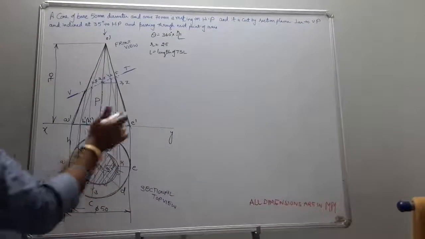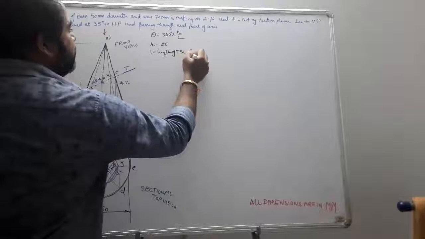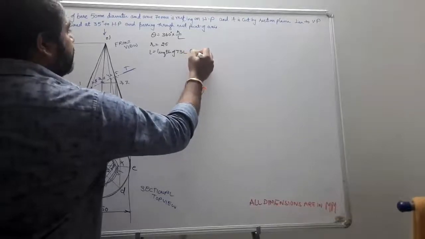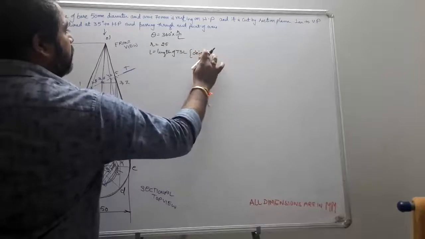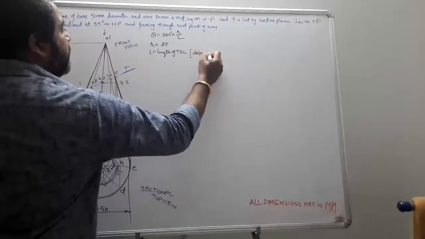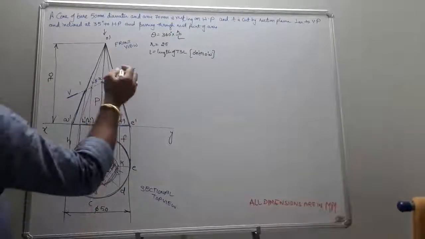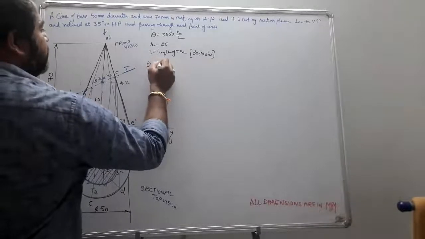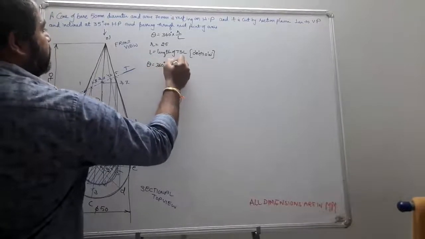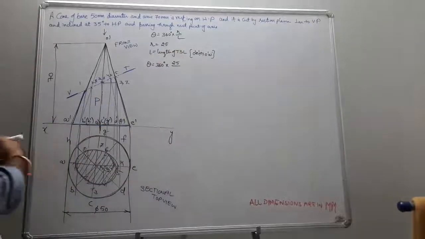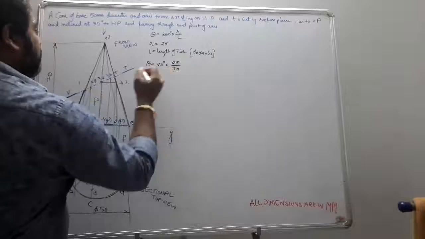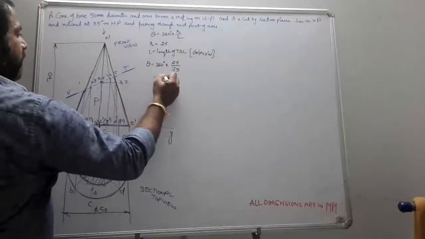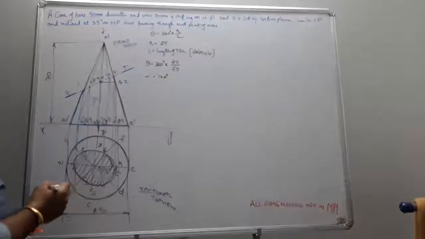Either OE or OA, that is O dash E dash or O dash A dash. Take it, measure it and calculate. So theta is equal to 360 degrees into 25 by the measured true slant length, which is about 75. So theta is approximately 120 degrees.